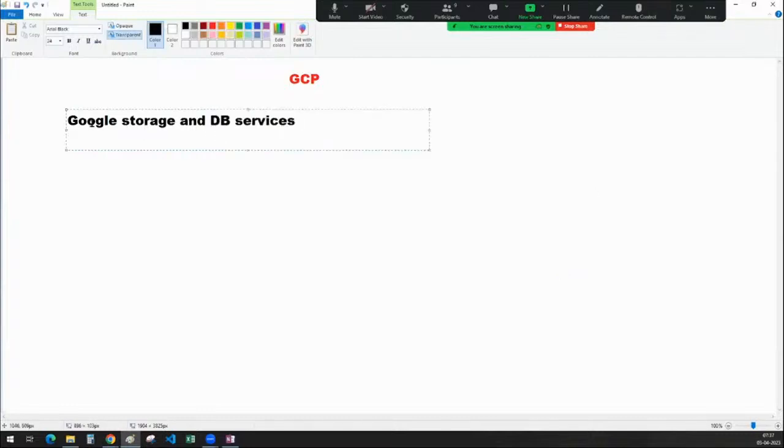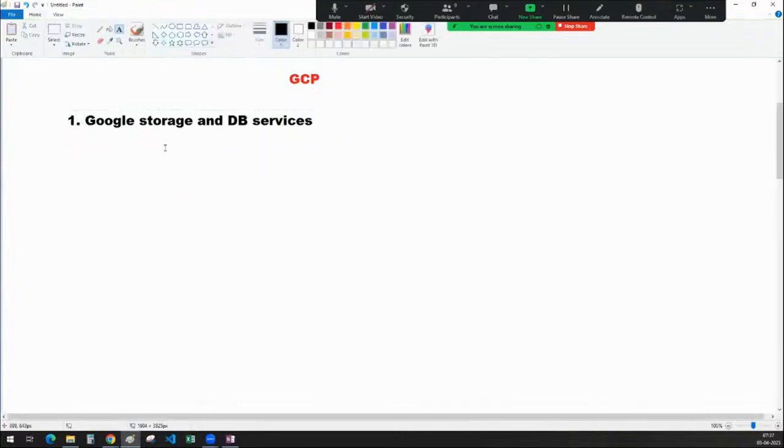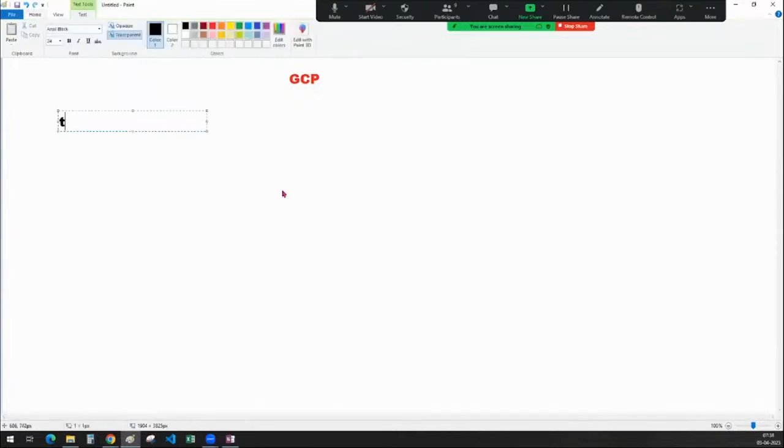This is one point where we will be able to learn storage and database services.